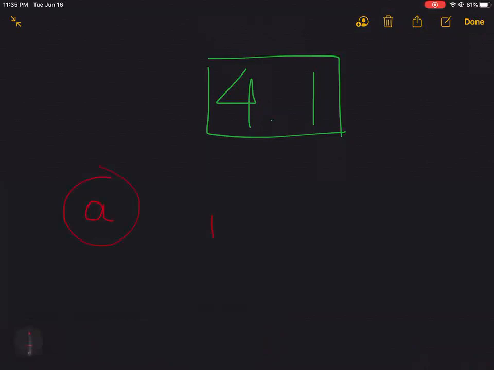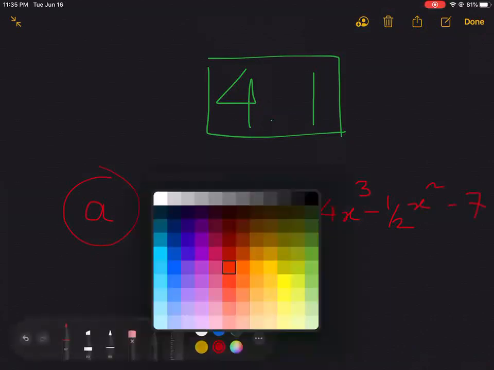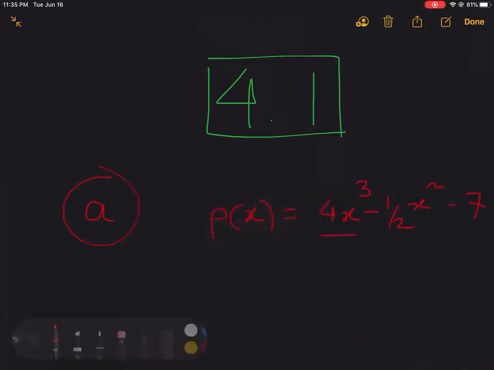Let's say our polynomial is 4x cubed minus half x squared minus 7. As you can see, we have three different terms here. So we say it's a polynomial. Now, from this, we want to find different properties.